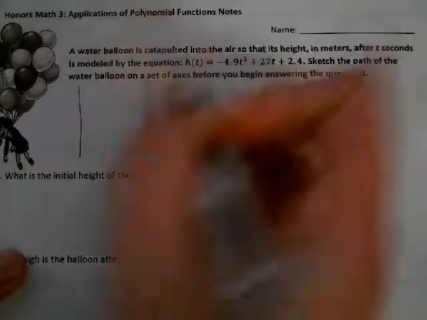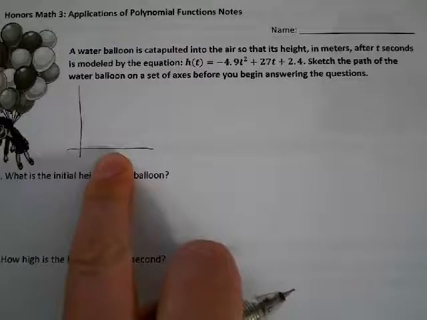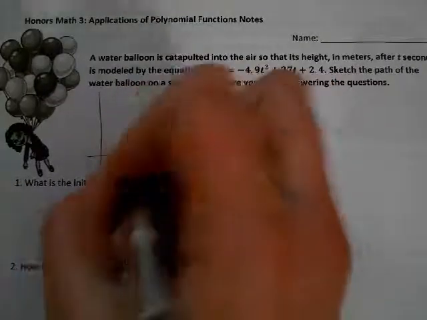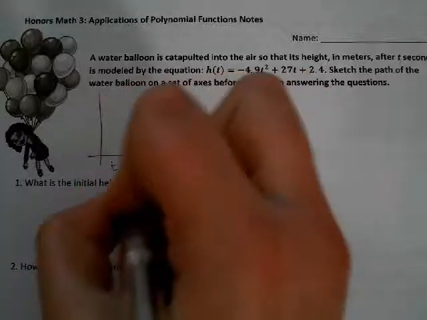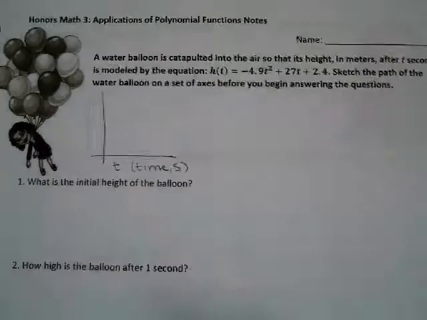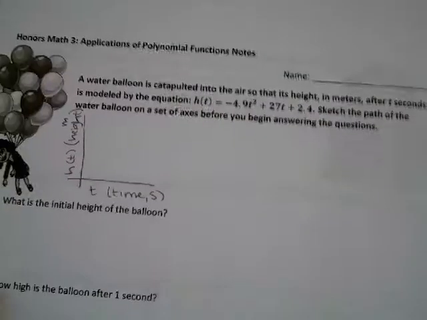So I'm only going to draw the first quadrant, positive x values, positive y values, or in this case, instead of x, we're using t, which stands for time in seconds. And then for the y-axis, we have h of t, or height, which is in meters.